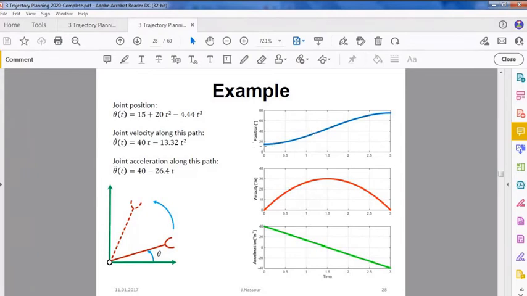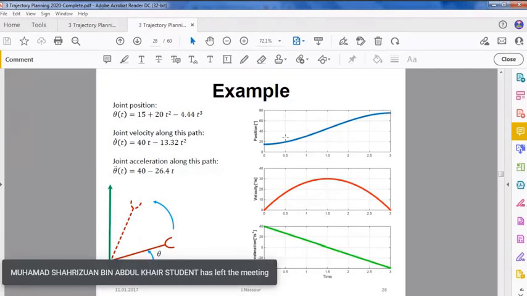So that's why if you use trajectory planning, your robot will move in a very smooth motion. So that you can manipulate a fragile object, because you do not stop your motion immediately.